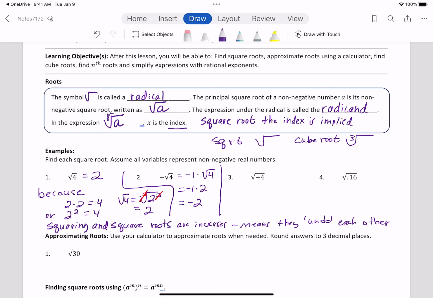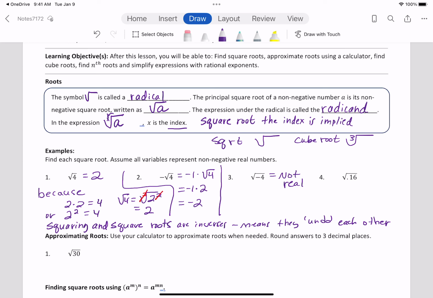For the third one, the difference is now the negative sign is up under the radical. So this one is actually not real. And the reason is because if a number has a square root, that means that there exists a number that if I multiply it times itself will give me the number that's under the radical.